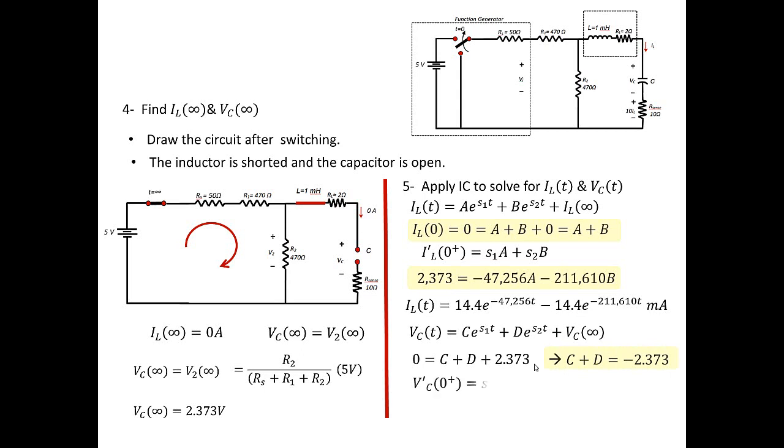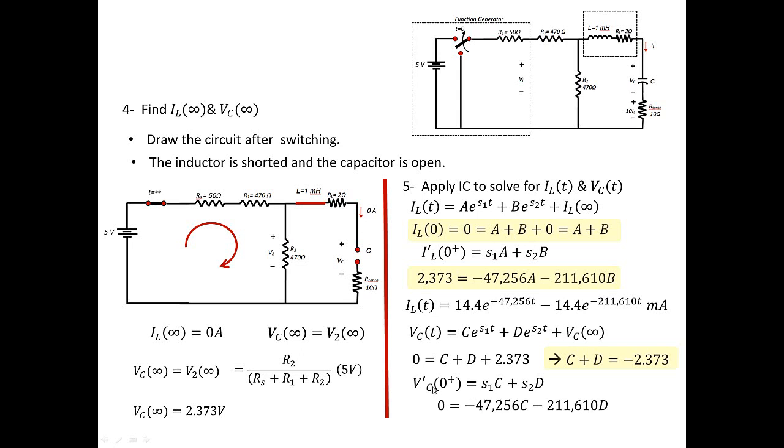Now we're going to apply the second initial condition, which is the derivative V prime C at 0 plus. When you take the derivative of VC of t, that's going to be S1C plus S2D, and this is basically 0. We know the values of S1 and S2.